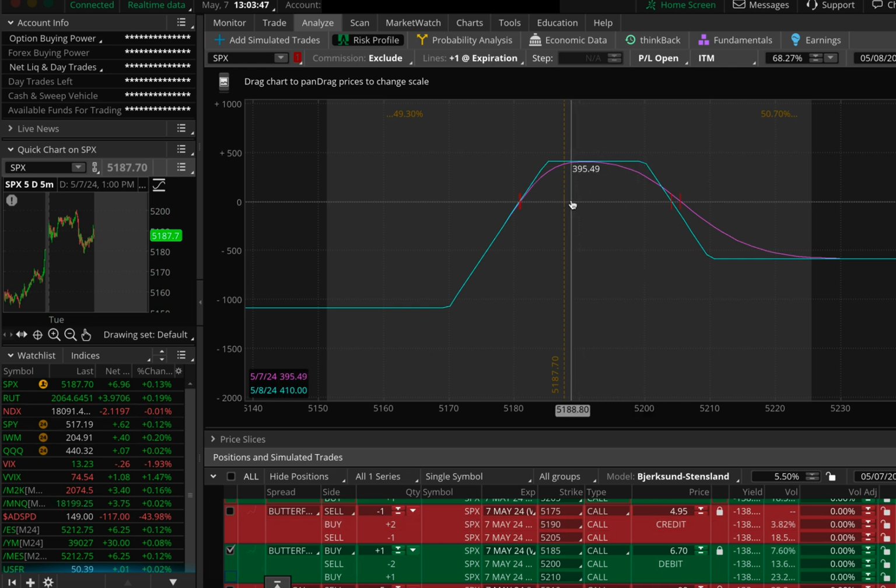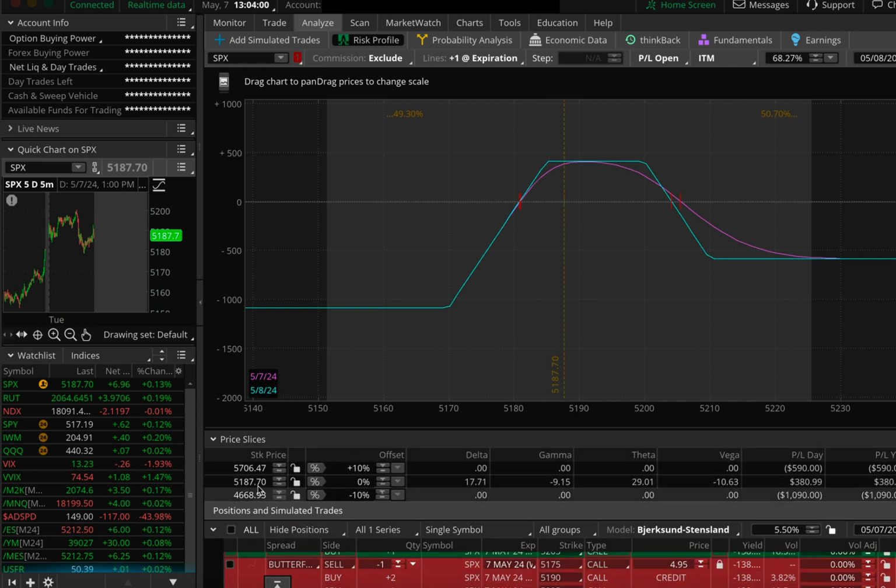So if we had done the adjustment and just let it go till end of day, this one would have had a profit of 410. So it settled nicely inside that tent. So let's just look at the width of this tent. Here's this one.